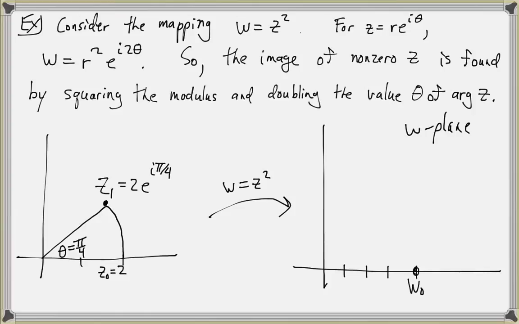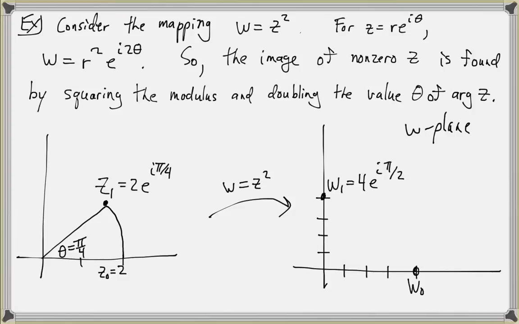And the point z1, which was 2e to the i pi over 4, would get mapped to w1, which is given by 2 squared, which is 4, times e to the i pi over 2. So we double the argument.